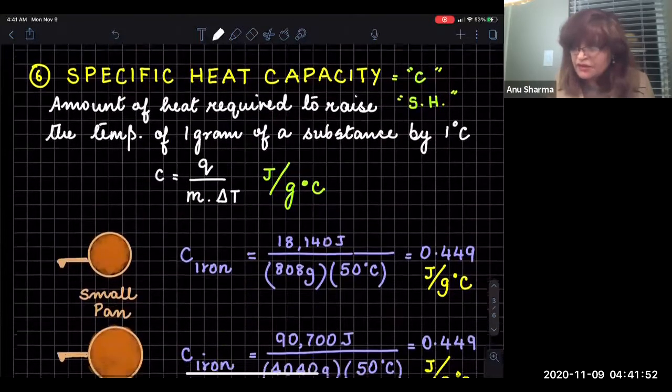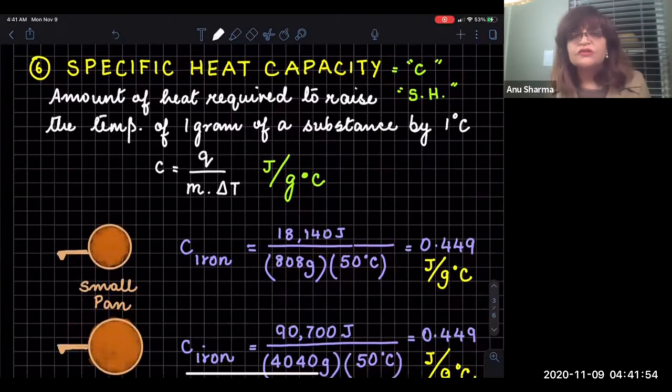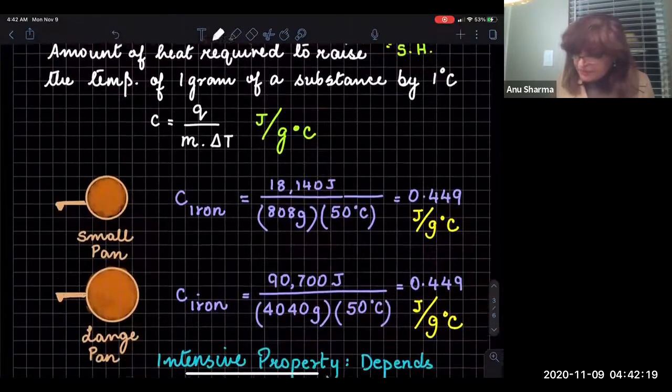But there's another property of the substance, which is the specific heat capacity. That is also represented as SH or SC. Normally we use specific heat capacity for substances because it does not depend on the amount, whether you have a small pan or a large pan, because this is an intensive property.